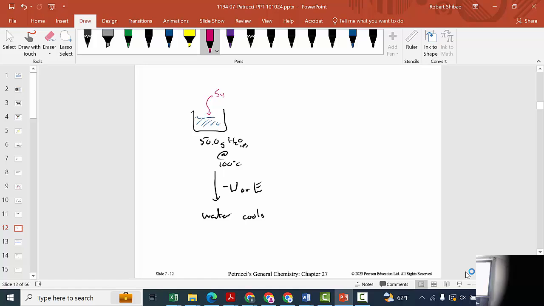Our system is the 50 grams of water at 100 degrees C. And if we cool that, we're going to get 50 grams of water at a temperature less than 100 degrees C.